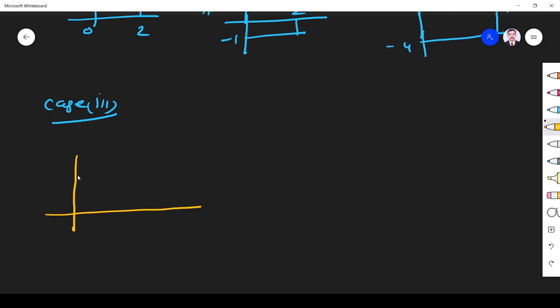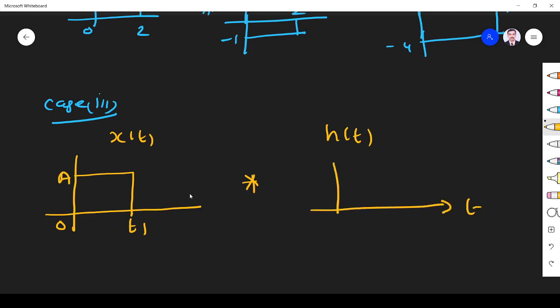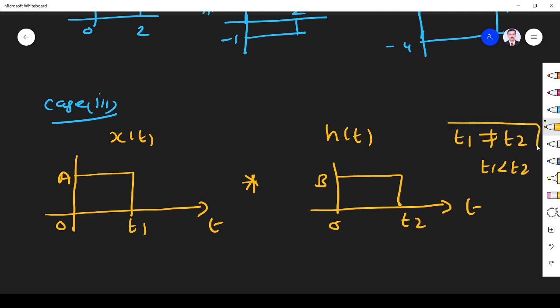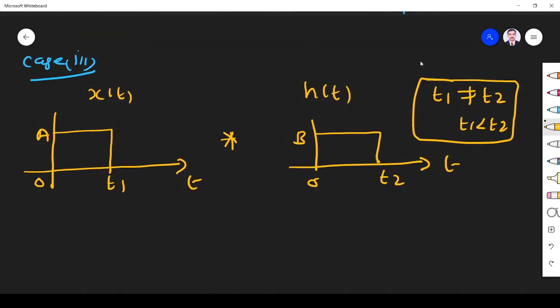For example, let us take x of t varying from 0 to t1 with amplitude a, convolved with h of t that varies from 0 to t2 with amplitude b, where t1 is not equal to t2, that is the first condition, and t1 must be less than t2. Under this condition we can use this shortcut, right? So these two conditions, don't forget: t1 should not be equal to t2, and t1 must be less than t2. Under this condition use this logic.